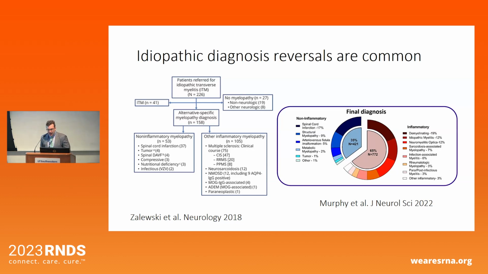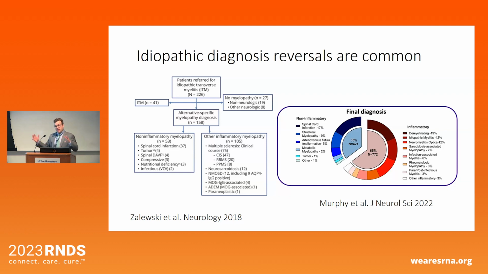Well, because at several different groups, and this has been part of our experience too, oftentimes if someone comes to us with an idiopathic label, they're seeing us for quote unquote transverse myelitis. As we look through the data, we actually are able to identify a diagnosis. So the entire impetus of this talk is to show that in many patients diagnosed with transverse myelitis, idiopathic transverse myelitis, the diagnosis changes when they go to someone with a little bit of familiarity with the disease.